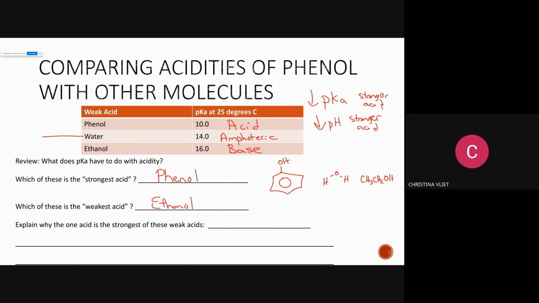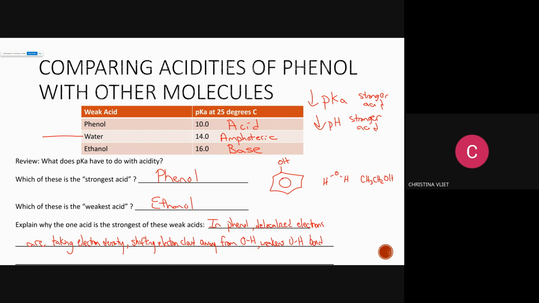So in phenol, the delocalized electrons, perfect, Diane, are withdrawing or taking electron density, shifting electron cloud away from OH, which weakens the OH bond.